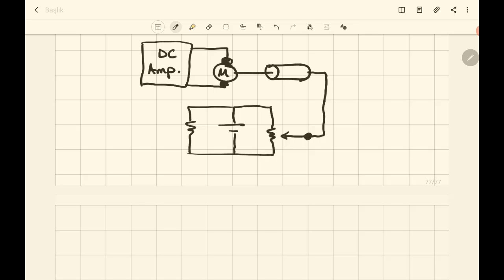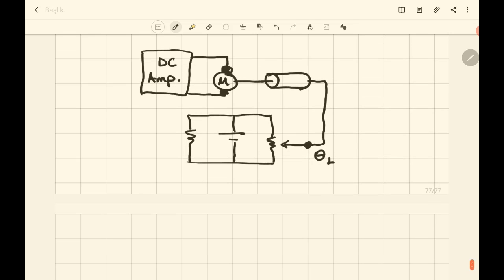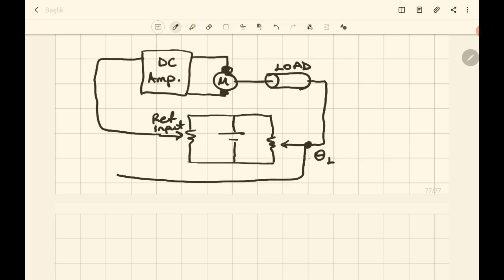So we get the output value, which is represented by theta L, the load, of course. And according to the reference input, here we have a reference input, we get a difference, and we connect it to the DC amplifier. According to this difference, plus and minus, the motor will be controlled.